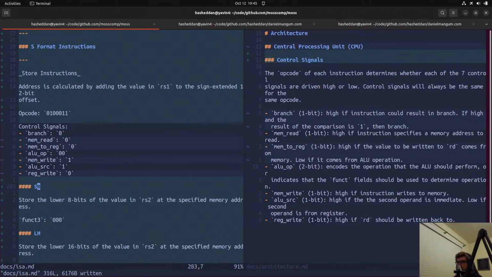Oh, okay. So the reason why mem to reg is don't care is because if reg write is 0, we're not going to write it back anyway.